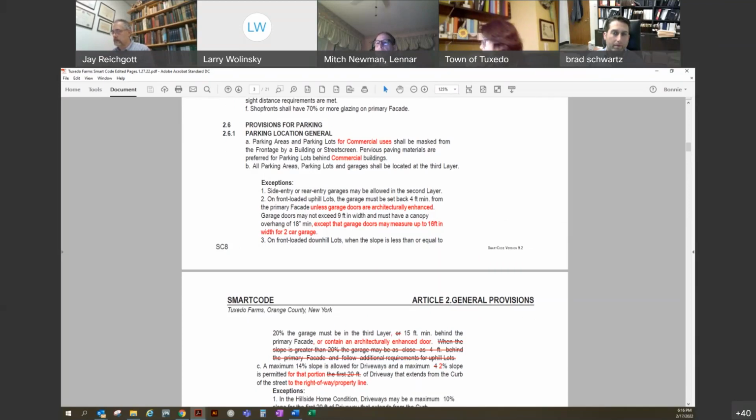What I think we were hearing is that maybe it's just a few sections of this document that need overhauling, and the rest of the document might be okay with tweaks. Or are the issues more pervasive throughout the document, in which case we should send you on your way and say, look, take another swing at a revised smart code document here.